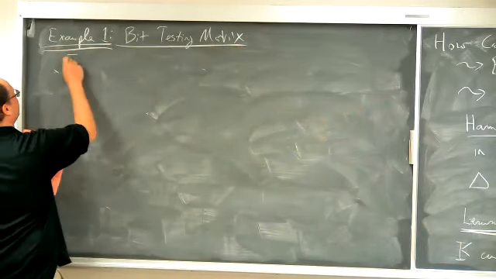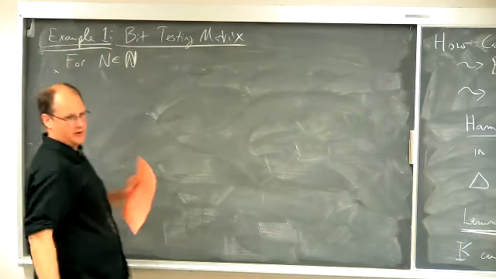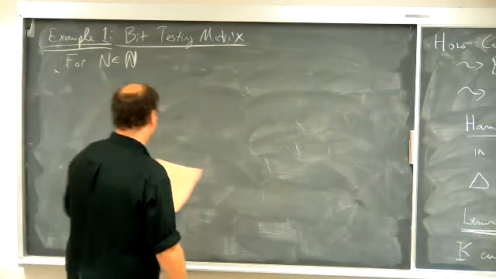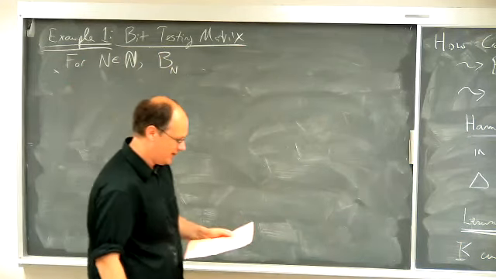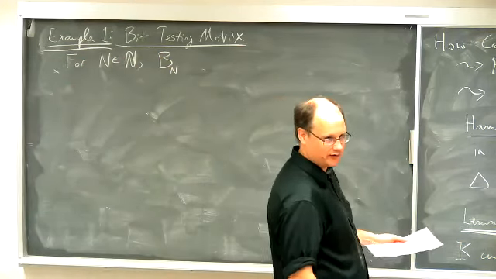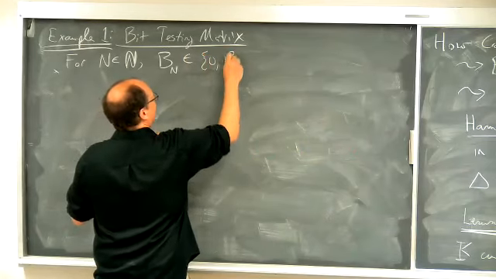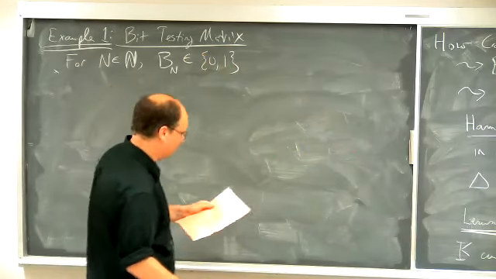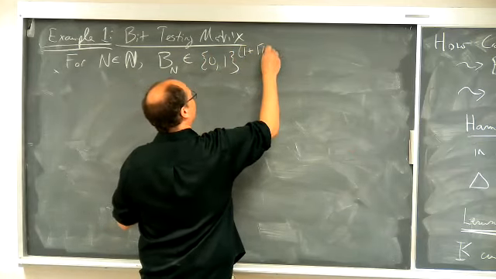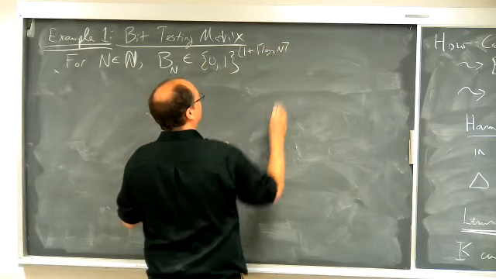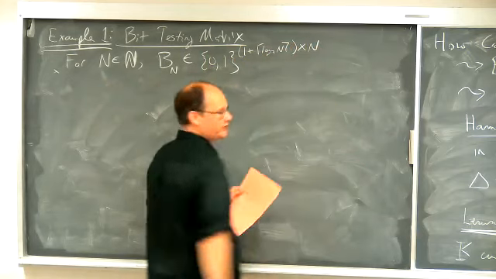So here's how I'm going to construct this guy. So for any number of columns I want to be n, I'm interested in generating my bit testing matrix sub n. Okay, it's going to be a 0, 1 matrix as we require it to be. It is going to have 1 plus the ceiling of log base 2 n rows always, and n columns, right?